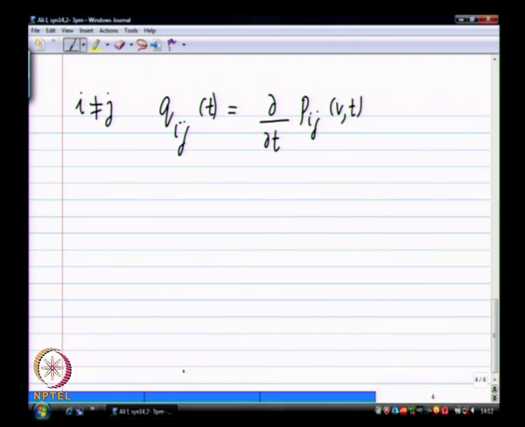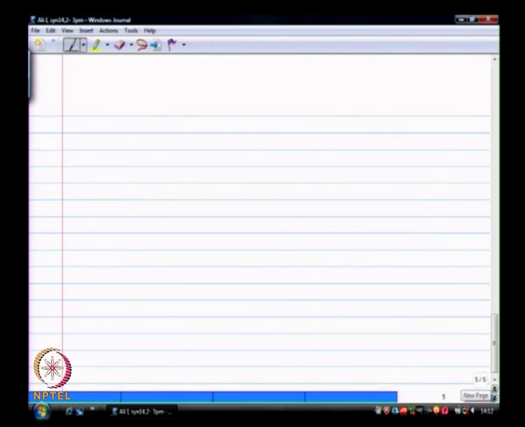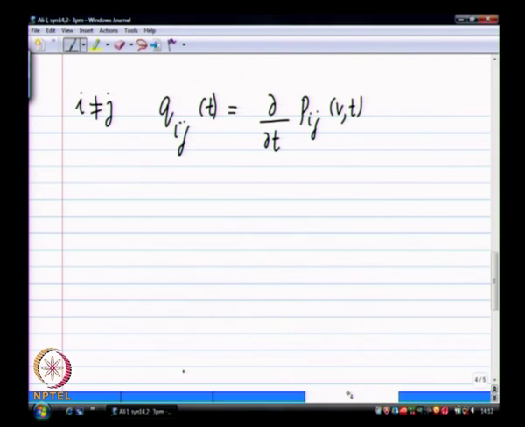So that is the differential or partial differential of the transition function with respect to t, and then evaluated at v equals t. So this Qij is referred to as the transition rate.